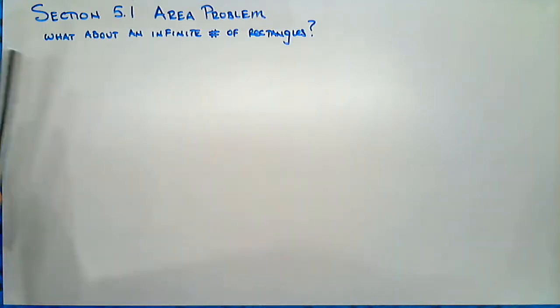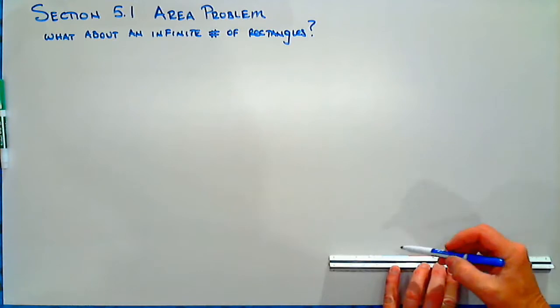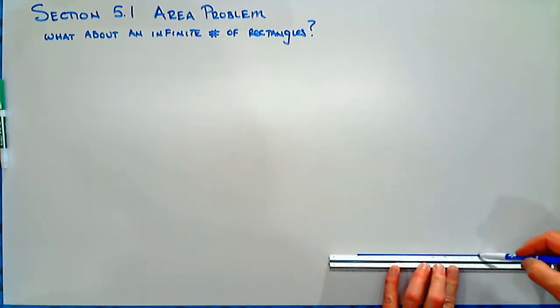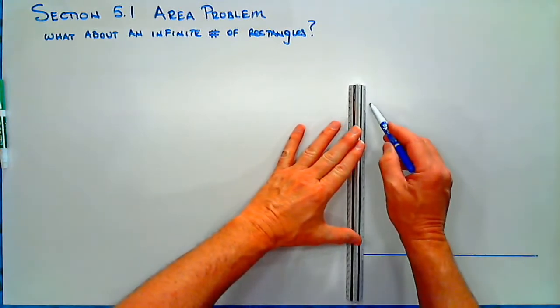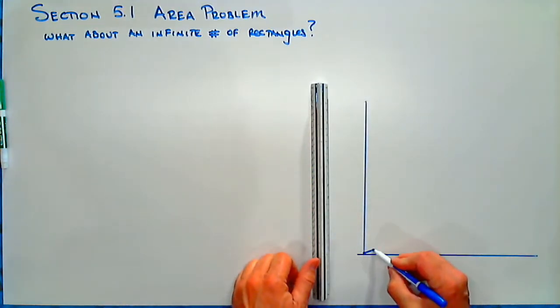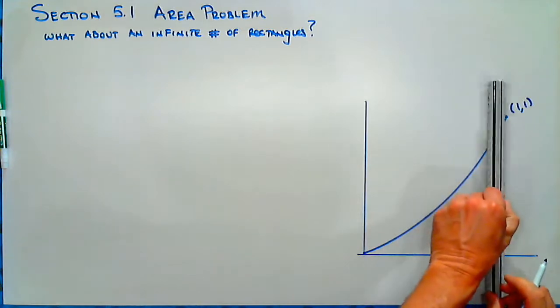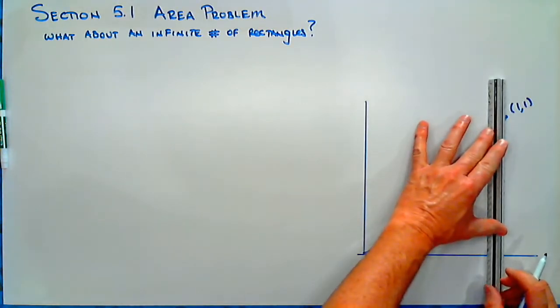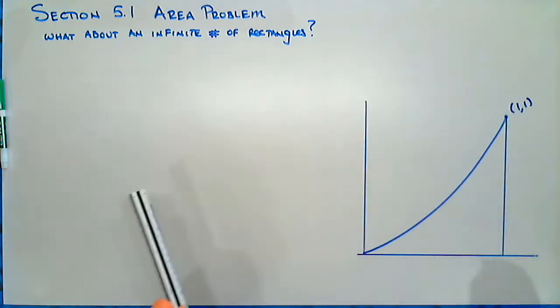So let's come back over here. Let's draw our function again real quick over here. And if we draw f of x equals x squared again, we have this.